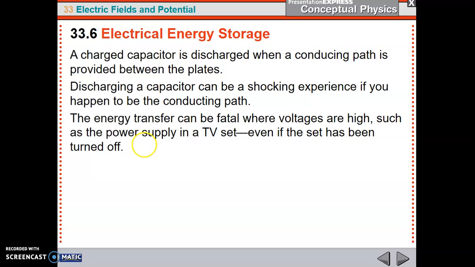But the TVs that were the big ones, they called them cathode ray tubes, they were a huge chunk of glass. Those had capacitors that could kill you if you just happened to stick your hand in there and touch the wrong thing. And those capacitors would be charged even if the TV had been turned off and unplugged and had been sitting there for like a month.